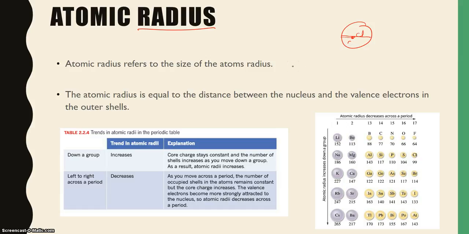So if we look at the definition, the atomic radius is equal to the distance between the nucleus and the valence electrons in the outer shells. So here's your nucleus, here's your valence electron in the outermost shell. This distance here, from here to here, will be your atomic radius.